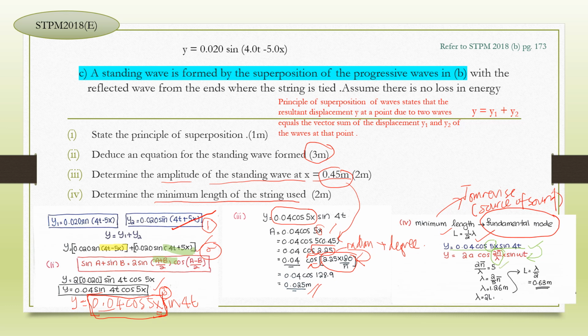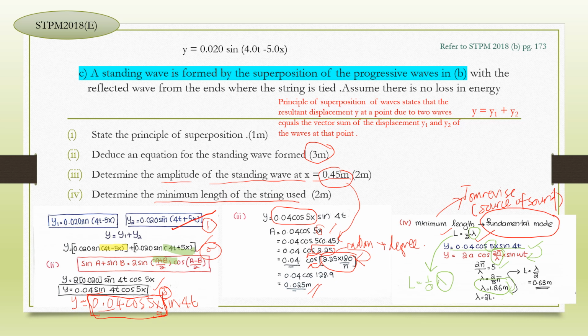So 2 pi over lambda equals 5. Why must I do that? Because I want to find the value of lambda. So I solve this, and I get lambda is 1.26. Now from the fundamental mode concept, L equals half lambda, and lambda is 1.26.